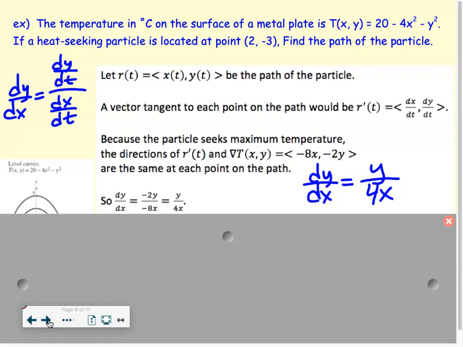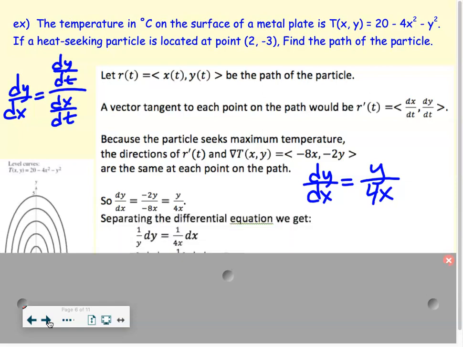Yes! Did you hear that? She said we can separate the variables and solve it as a differential equation. Get all the x's on one side, get all the y's on the other side, and integrate both sides. It is a thing.